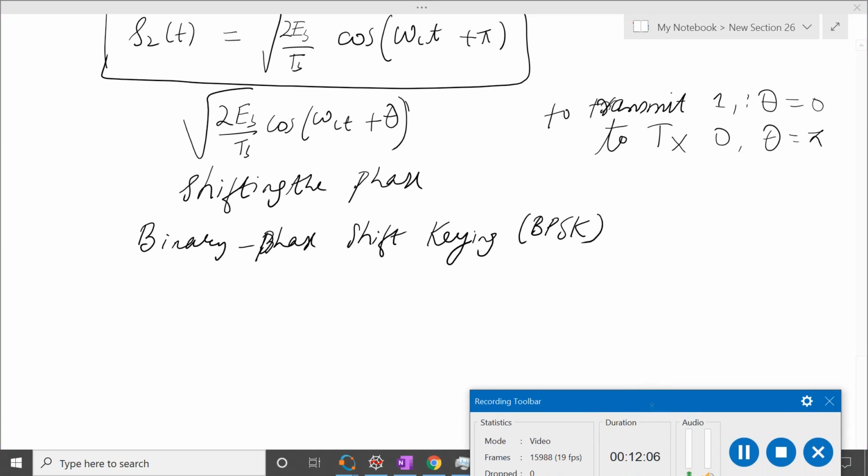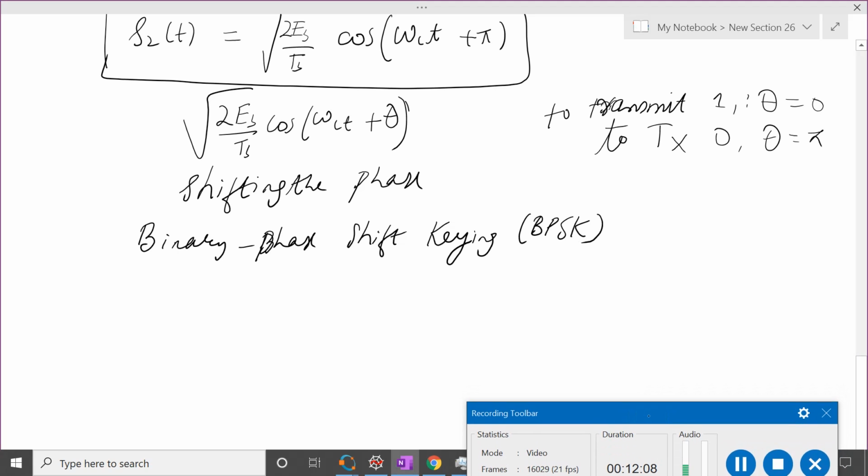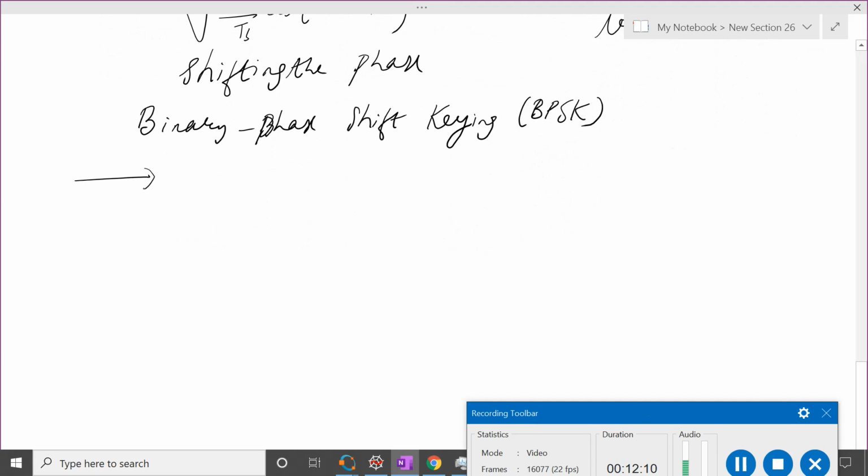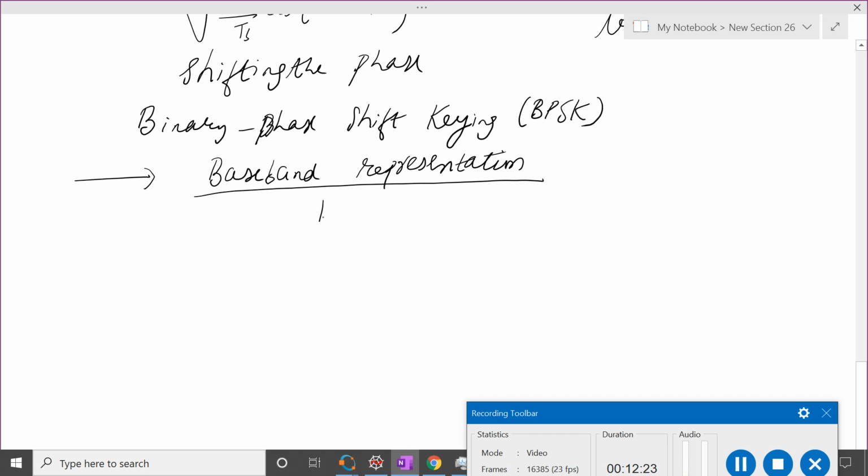And there are two ways to represent BPSK. One is called the baseband representation. Baseband representation means this one: you are representing b of t by root Eb for binary 1 and minus root Eb for binary 0.